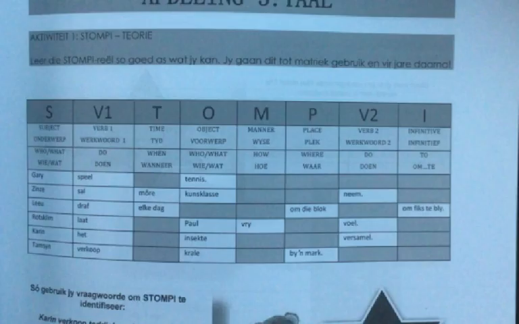All those questions you'll find on this page. So if you're asking what, it's a subject. If you're asking when, time, who, object, how, manner, where, place, and then to or omte, that is your infinitive.